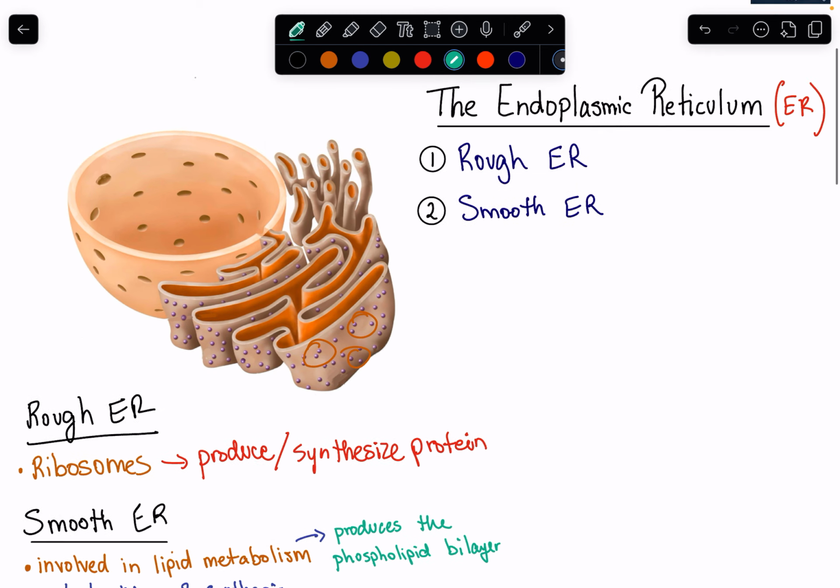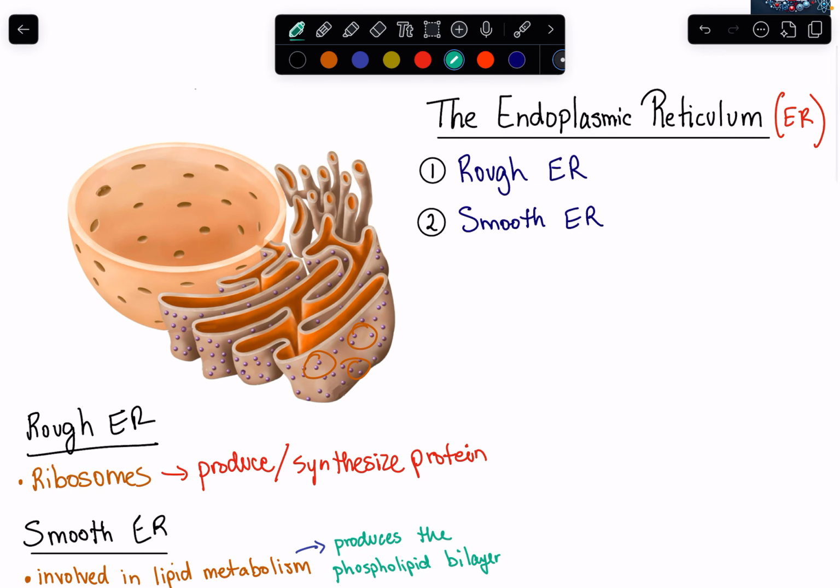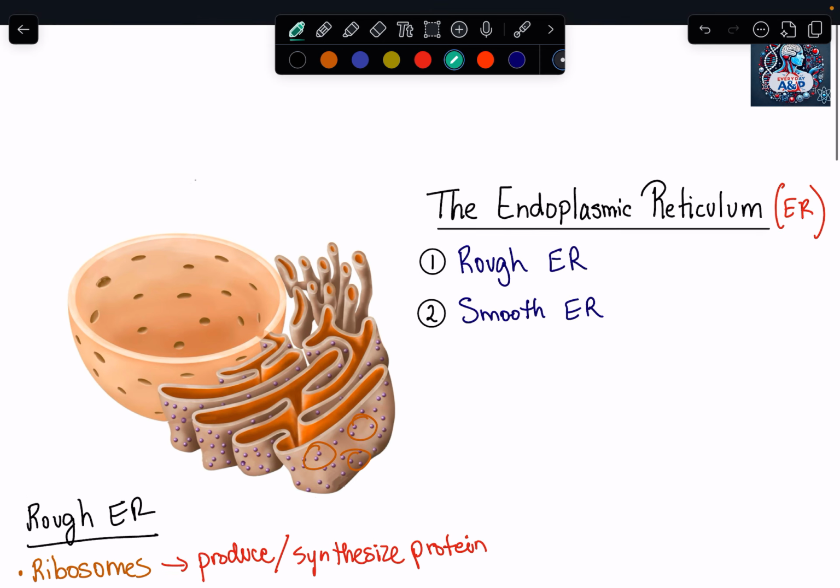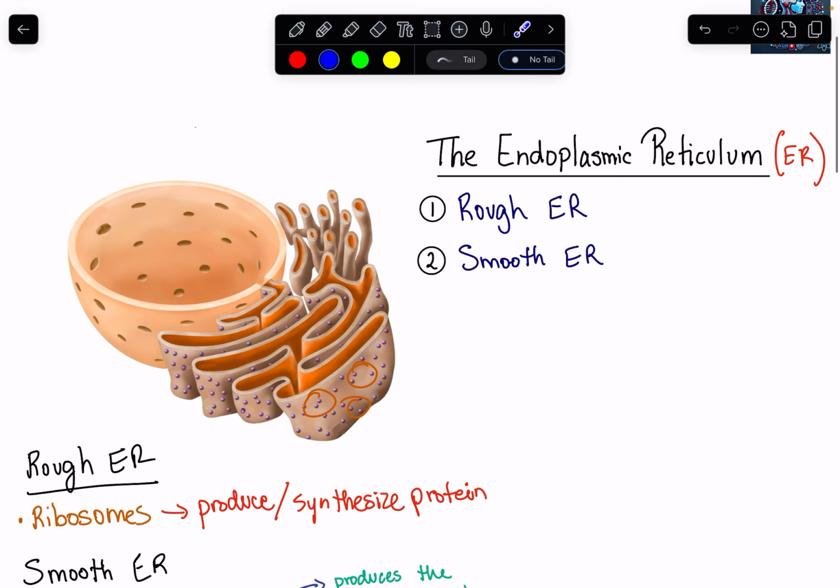So we just want to recap this. We have the endoplasmic reticulum, which is broken down into two different subsets. First, we have our rough ER that is composed of ribosomes, which produce and synthesize proteins.